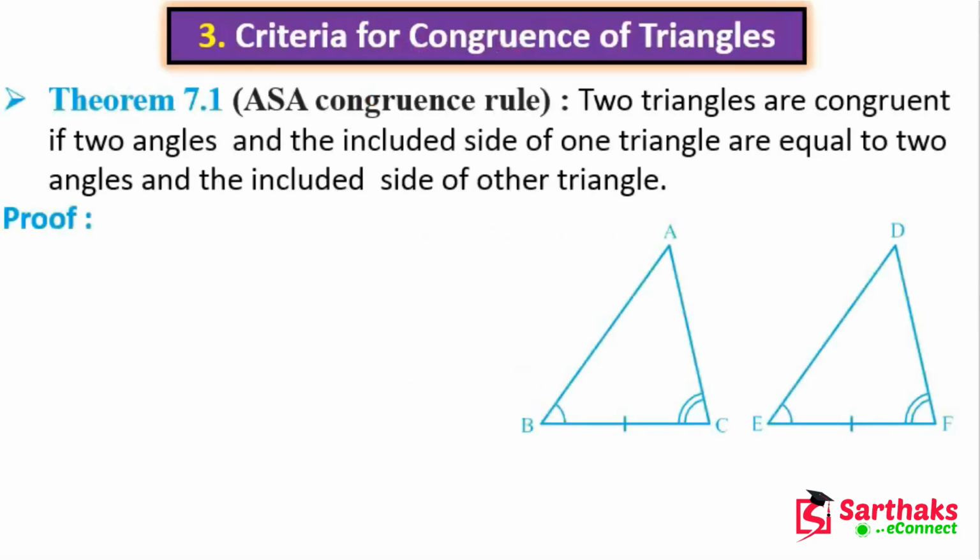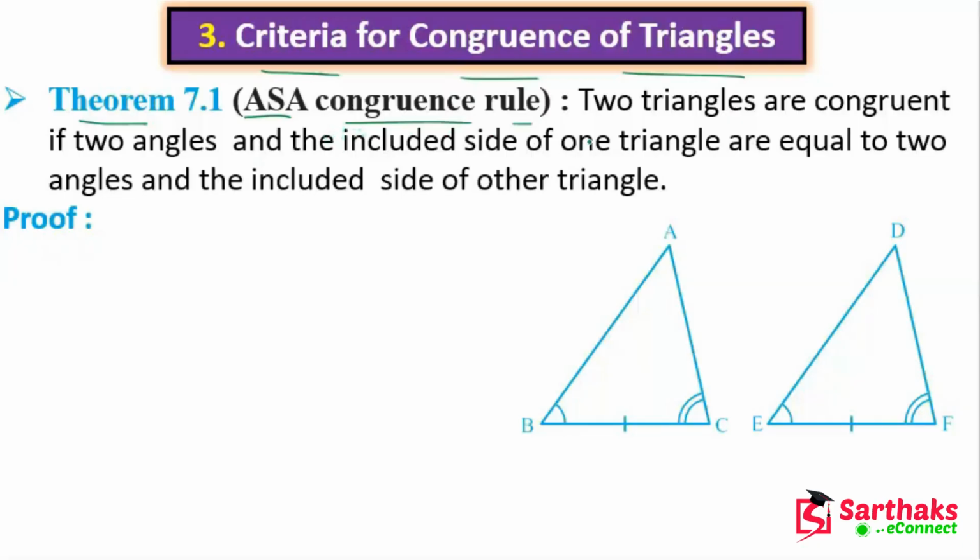Today we are going to continue our previous topic, criteria for congruence of triangles. In the previous lecture we learned about the side angle side rule. That was an axiom, but now we are going to discuss Theorem 7.1, the angle side angle congruence rule. This is a theorem, so it needs to be proved.